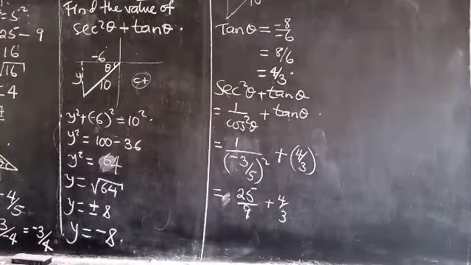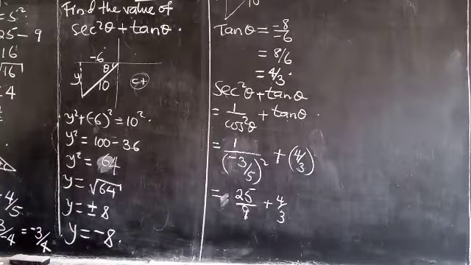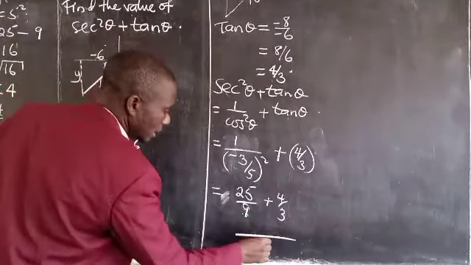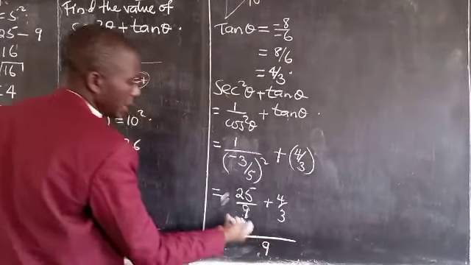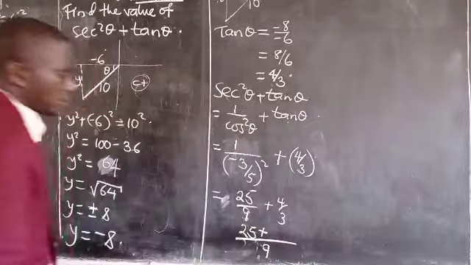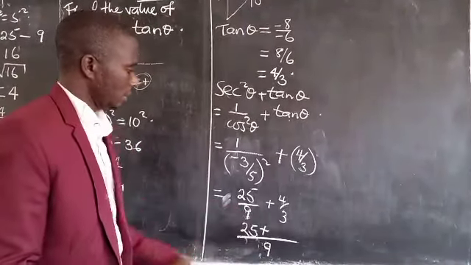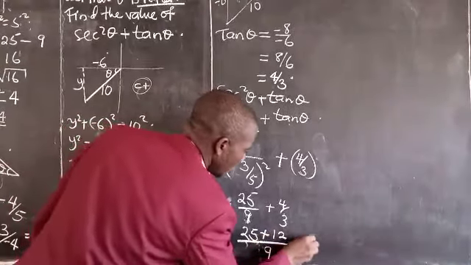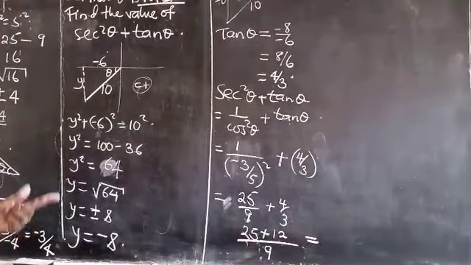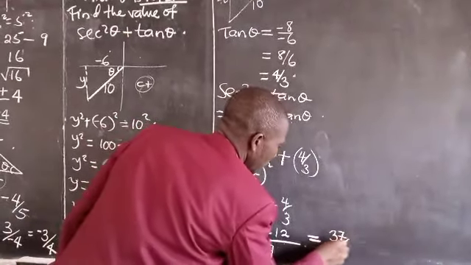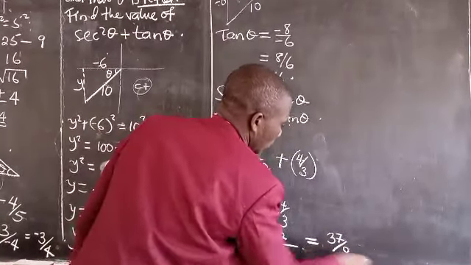We can go on and choose to follow the LCM. The LCM of 9 and 3 is 9. 9 divided by 9 is 1, times 25 is 25, plus 9 divided by 3 is 3, 3 times 4 is 12. And this gives us 25 plus 12, which is 37 out of 9.